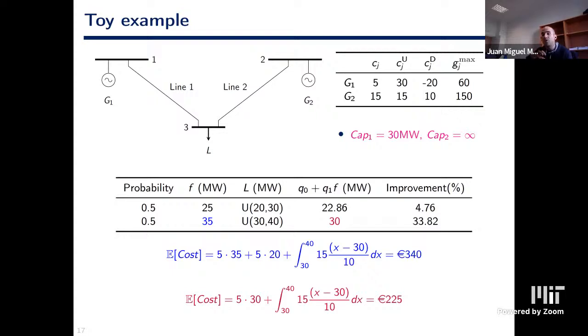We're going to have to down-regulate it to 30 with probability 1. That's why the upcycled forecast given by this linear mapping is telling us that it's much better to dispatch generating unit 1 in the forward market at 30 megawatts, which coincides with the capacity of line 1.